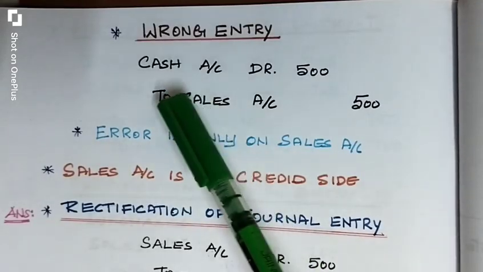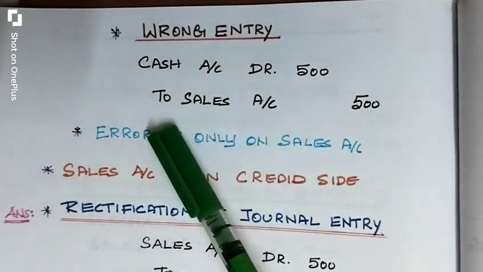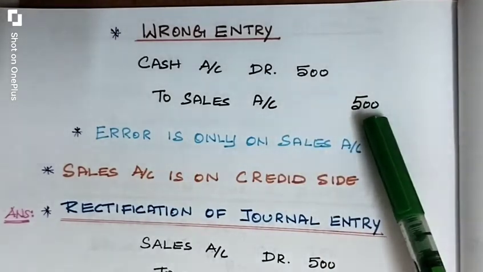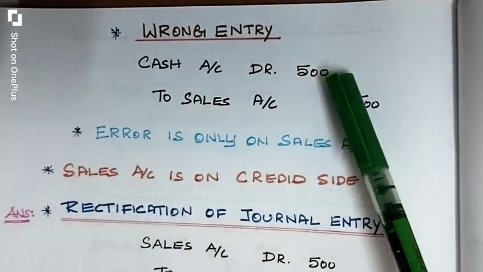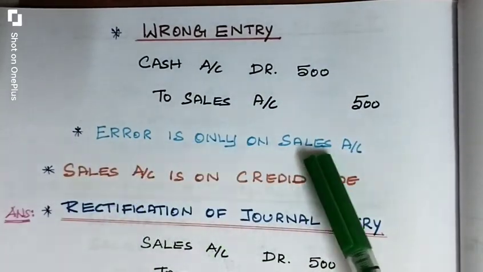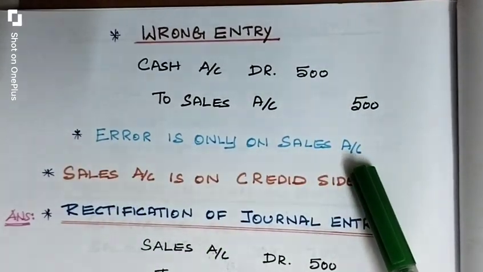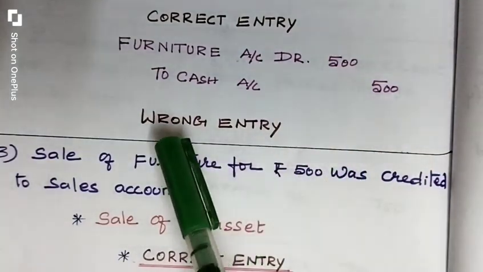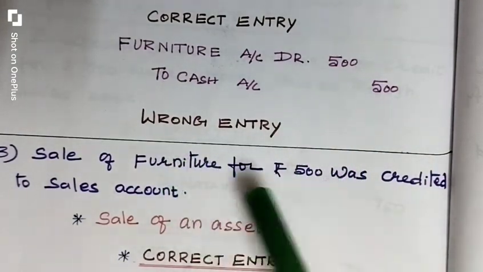So the wrong entry is cash account debit to sales account, rupees 500. So where is the error? The error is only on the sales account, because in the transaction it is clearly given furniture, but the accountant entered into the sales account.